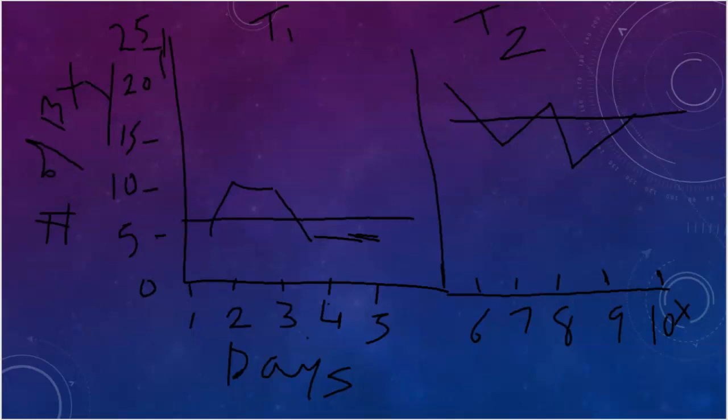So let's talk about trend. So trend is basically the way the behavior is going. So for the first treatment here, let's say that this behavior was going this way.